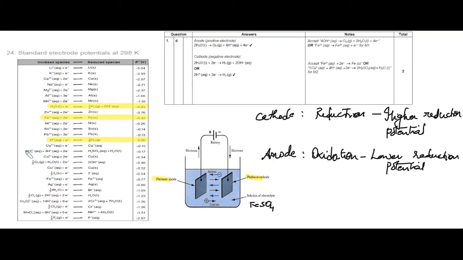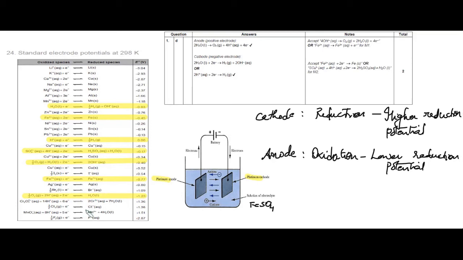With sulfate, I can have this reaction. Then again, oxygen, water, OH-, so I can have this reaction. Copper will not do. I can have even this reaction, or even this one also. So these are a few reactions that can happen in this particular system.